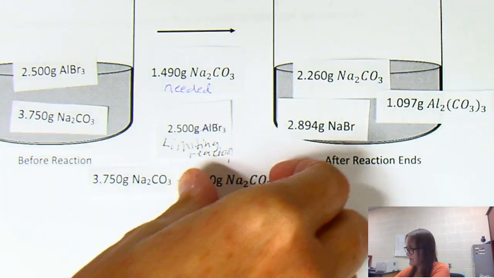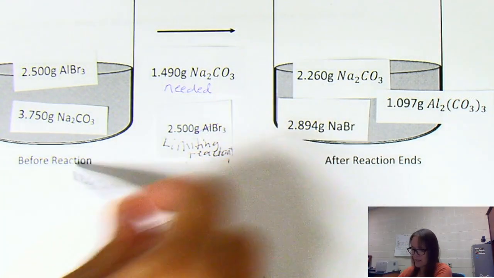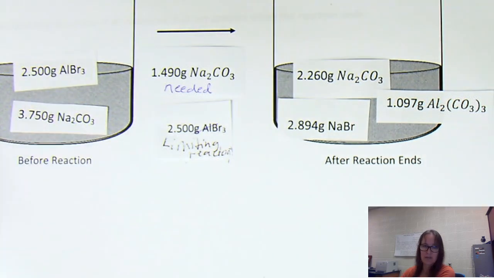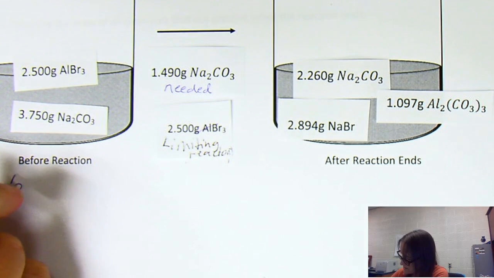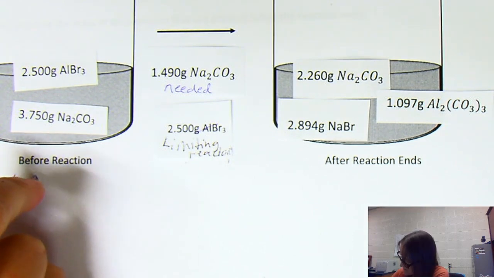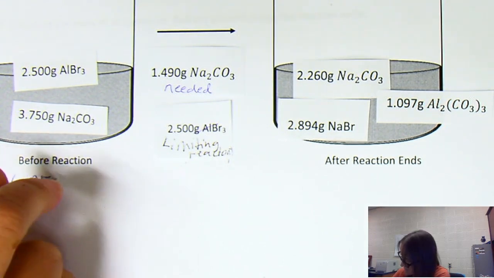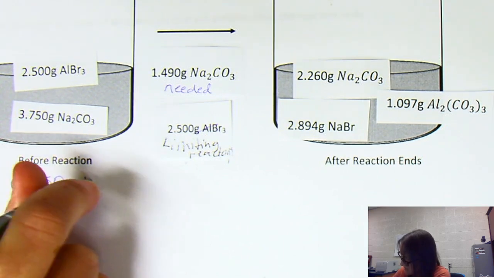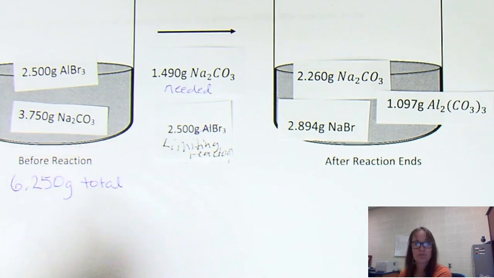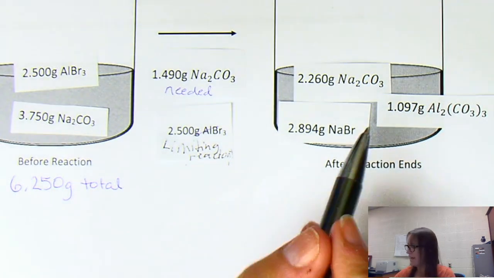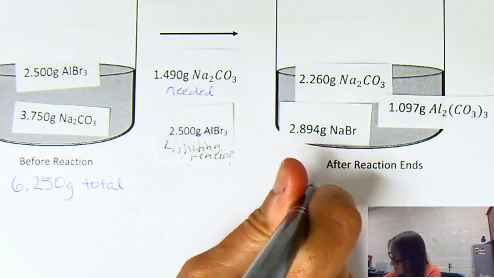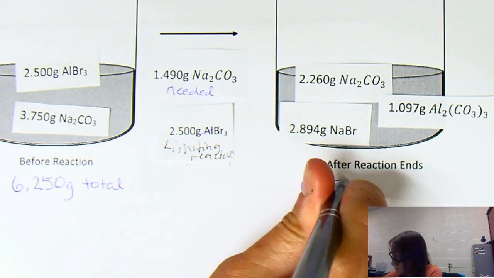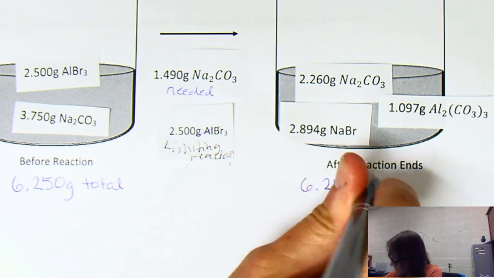Just looking at the quantities, you can add up the mass of the chemicals that are in the beaker before, and when you add those two together, you get 6.250 grams total before the reaction. When you add up the masses of the chemicals that remain after the reaction ends, then it adds up to be 6.251 grams total.